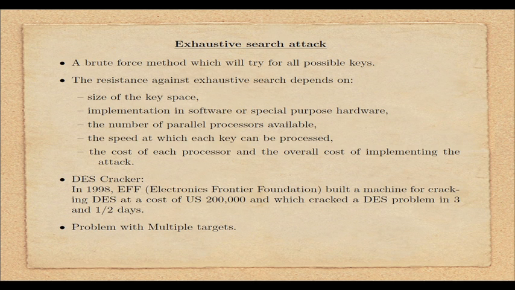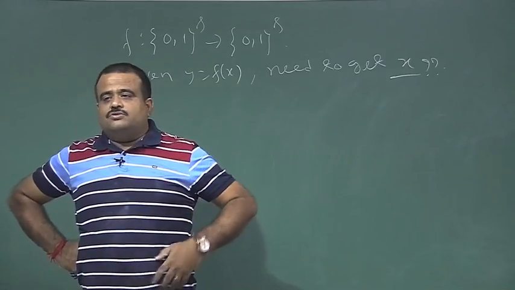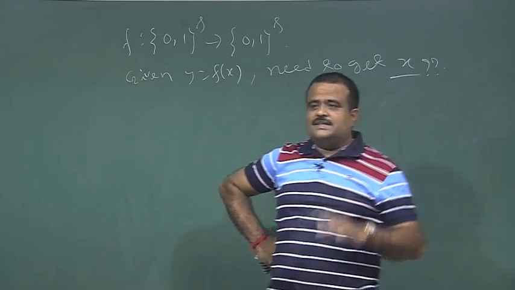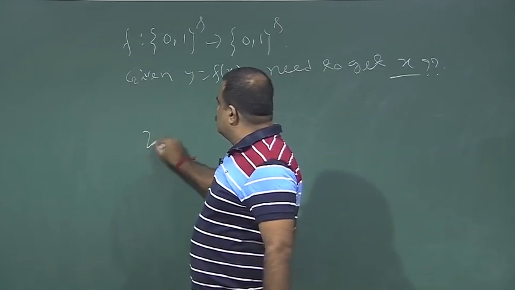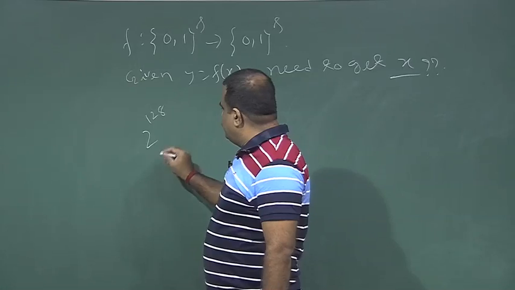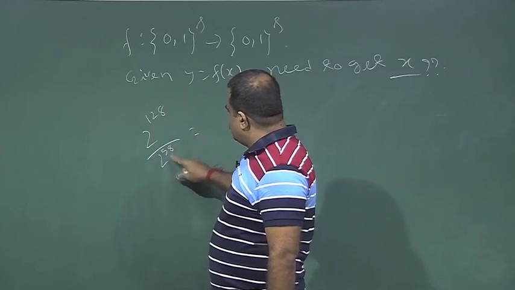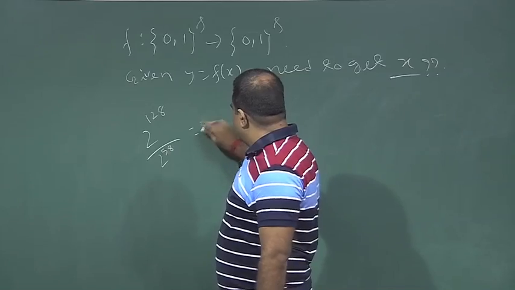Even with parallel processing, if the size is very big, like for AES, the key size is 128, so it is 2 to the power 128. So, even if we have, say, 2 to the power 56 processors running in parallel, then the time is 2 to the power 72, which is huge.